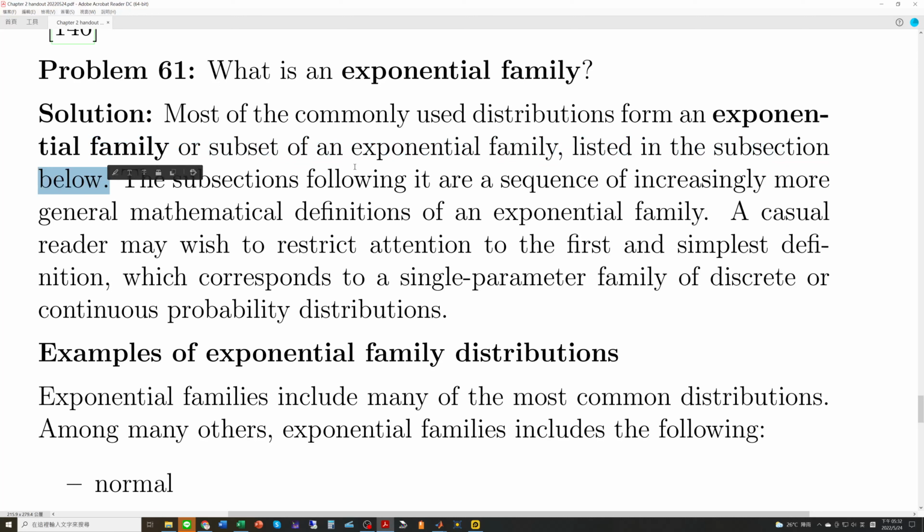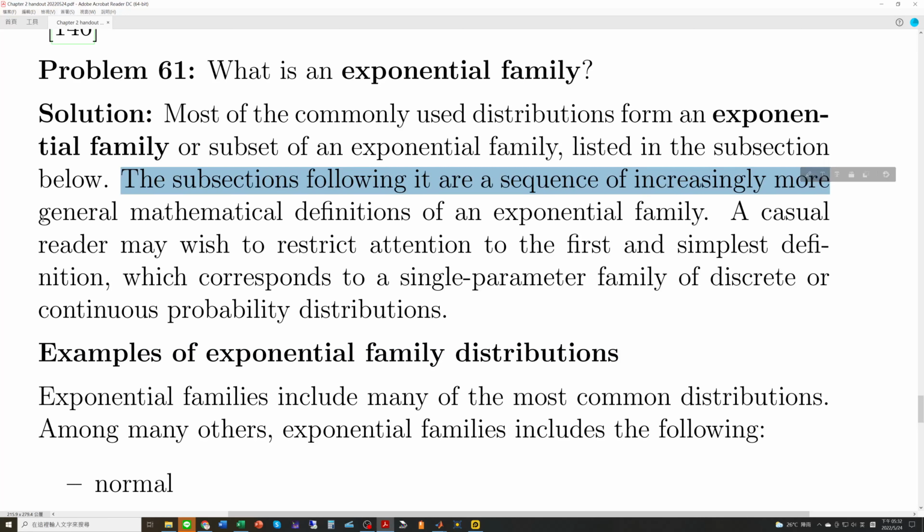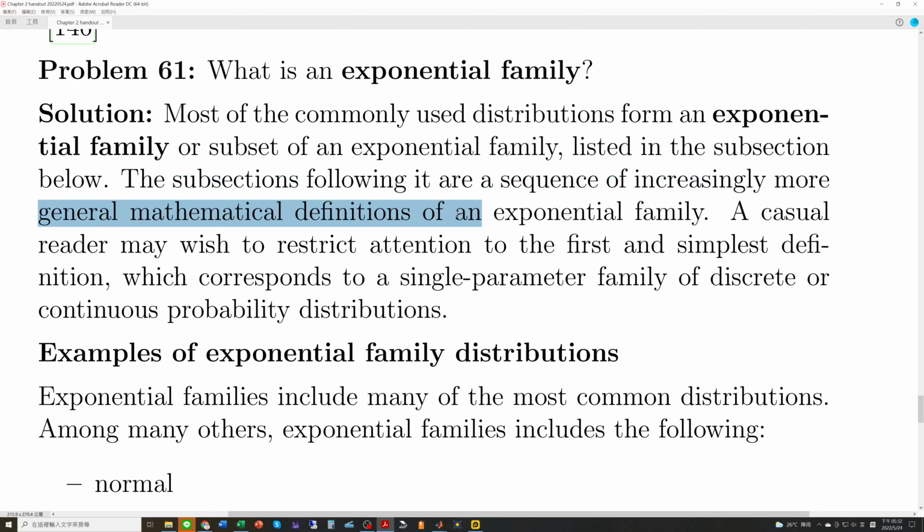That is, we will see some distributions in this subsection. The subsections following it are a sequence of increasingly more general mathematical definitions of an exponential family.